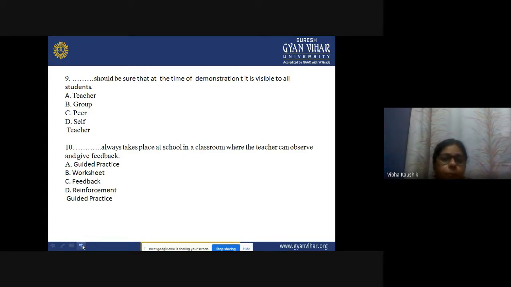Option B, group, means a group should be sure that at the time of demonstration it is visible to all students. Option C, peer, means your friends, if they are demonstrating something in a class. Or D, you. Now, these are the options, and you have to select the correct one.